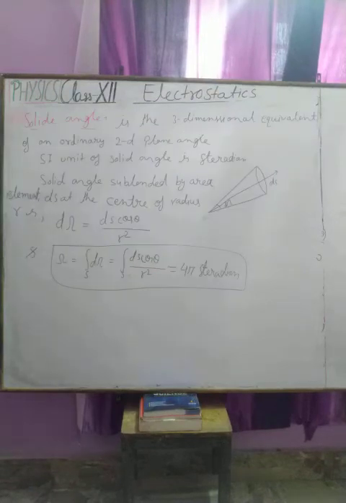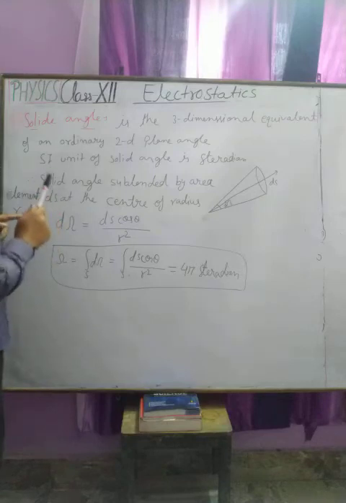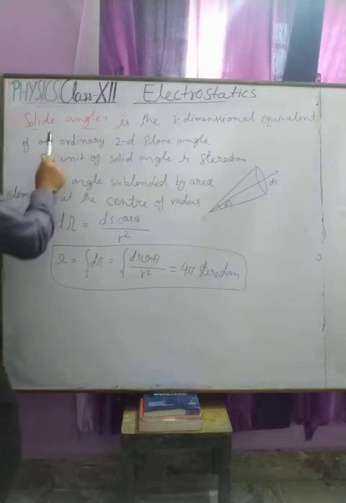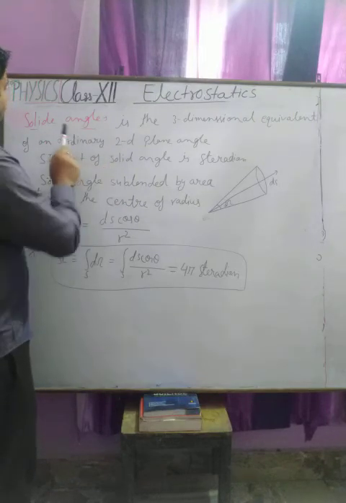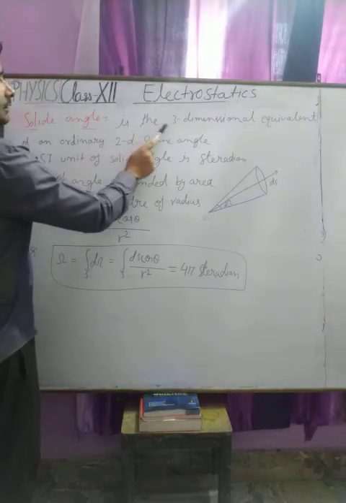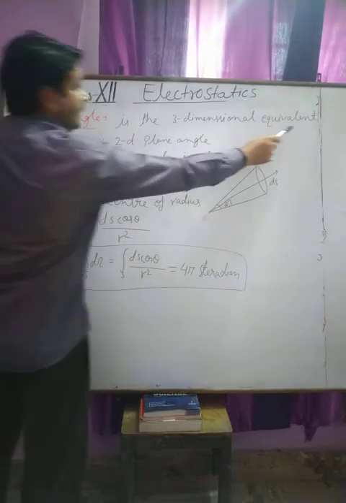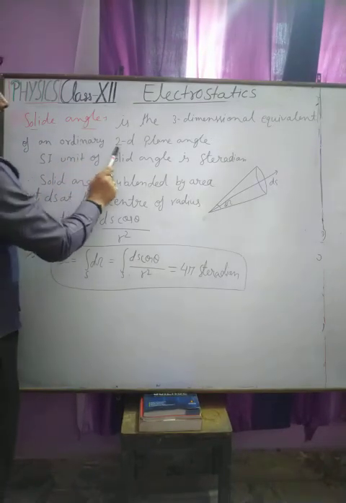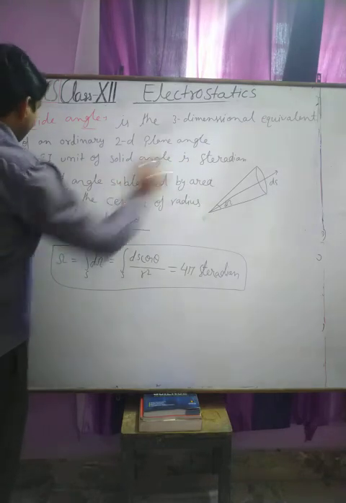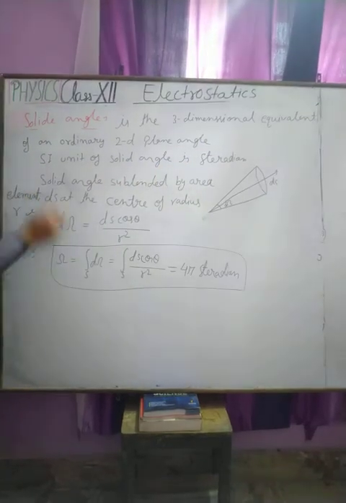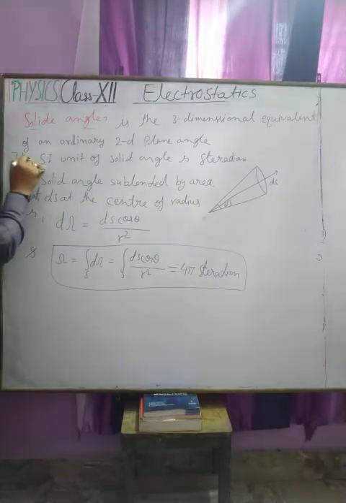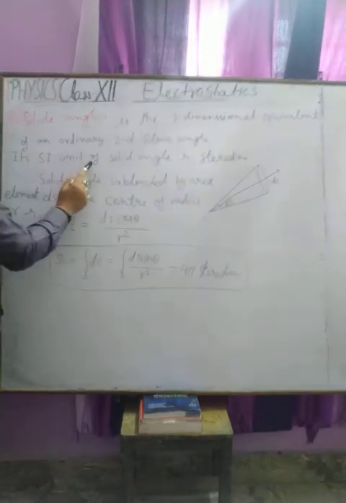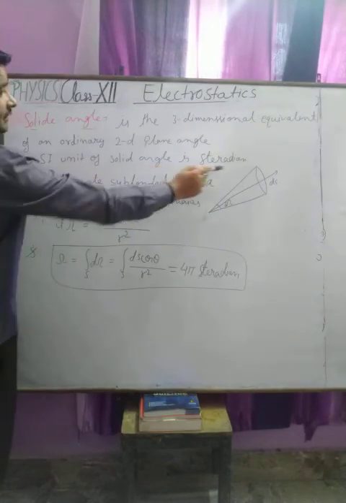Okay student, next we are discussing the solid angle, which we use in the proof of Gauss theorem. Solid angle is the three-dimensional equivalent of an ordinary 2D plane angle. Its SI unit is steradian.